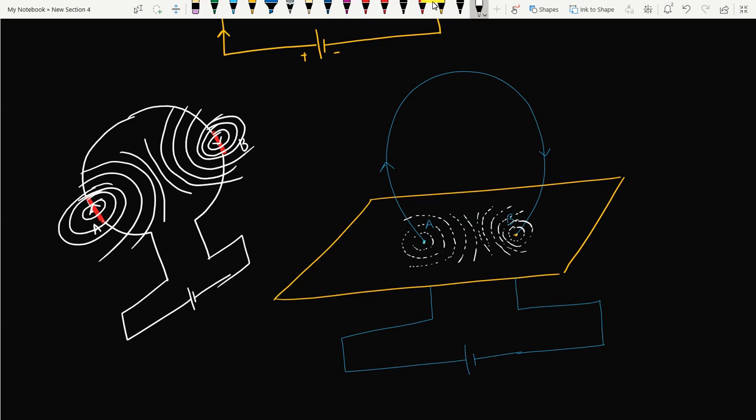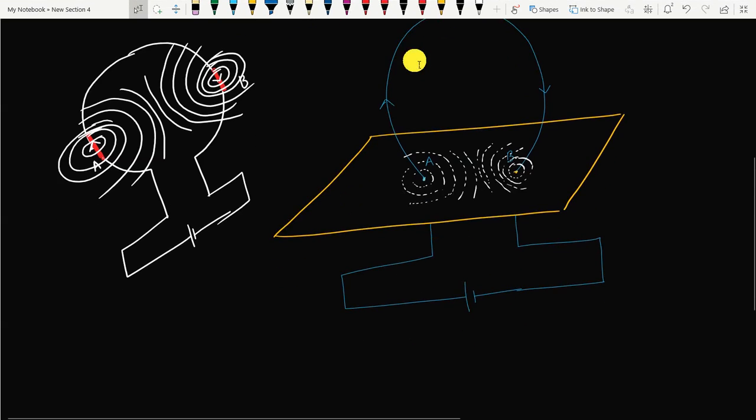At point A, current is moving upwards. So what about the magnetic lines? The magnetic lines at point A would be anti-clockwise. So this is the direction. I'm marking it with yellow. These are the arrows which are showing the magnetic lines at point A. And at point B, the current is moving downwards.